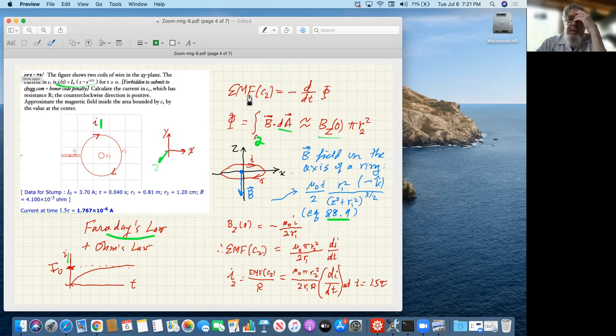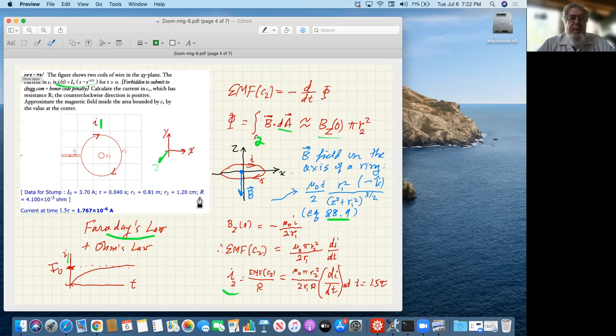So the EMF is going to be the derivative of phi, and phi is proportional to I, so it'll be the derivative of I. The constants will be pi r2 squared mu 0 over 2 r1. There's a minus sign here, but there's also a minus sign here, so it'll come out to be a plus sign. And finally, the current in that little circle around the origin is the electromotive force divided by the resistance of that little circle.